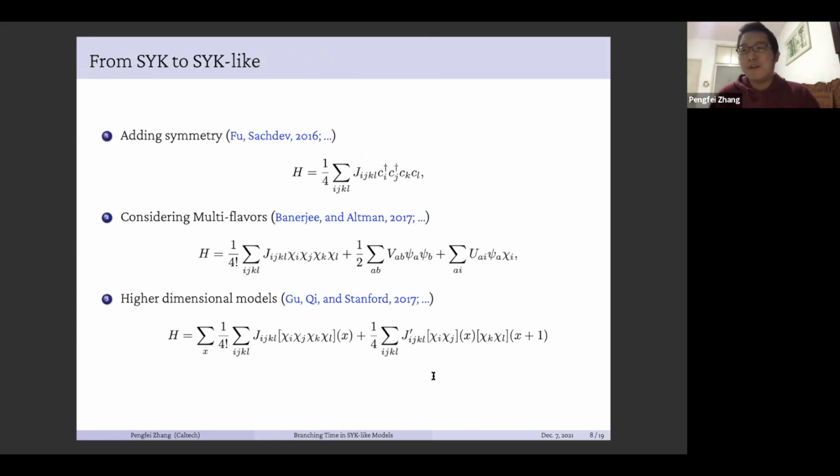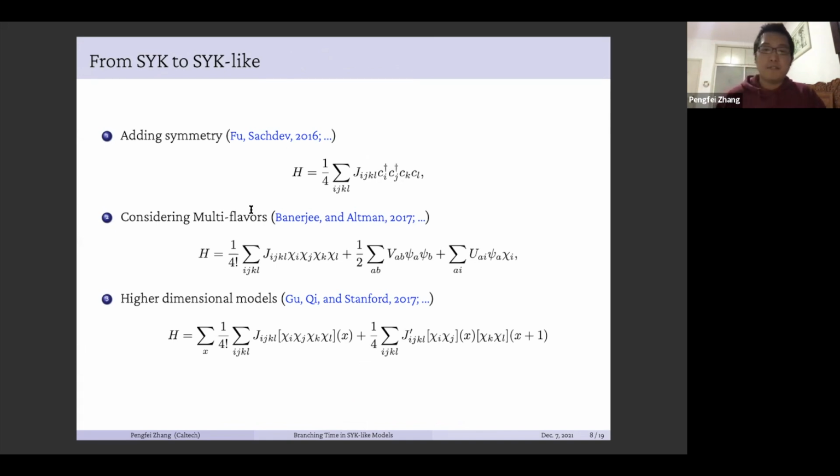For example, to generalize the SYK model, one possible route is to add some symmetry. The simplest case is to add the U(1) charge conservation. Then instead of a Majorana fermion, we have a complex fermion described by c or c dagger. Another possibility is introducing different SYK models.